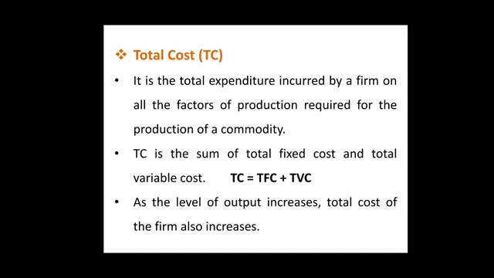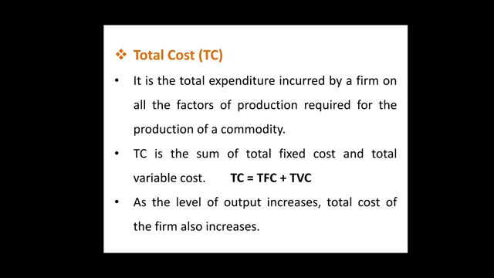Now, the total cost. Students, total costs are the total expenses incurred by a firm on all the factors of production, that is on both fixed and variable factors of production in producing a given quantity of a commodity. Since both fixed and variable costs affect short-run costs, total cost at each level of output is the sum of total fixed cost and total variable costs.